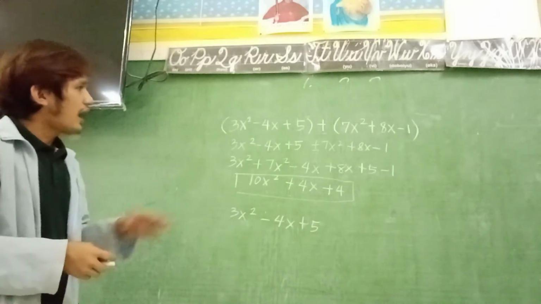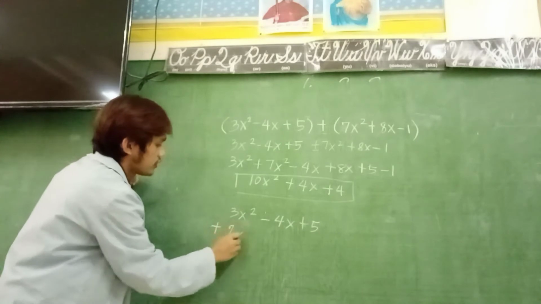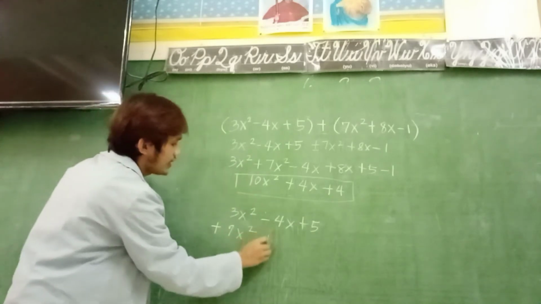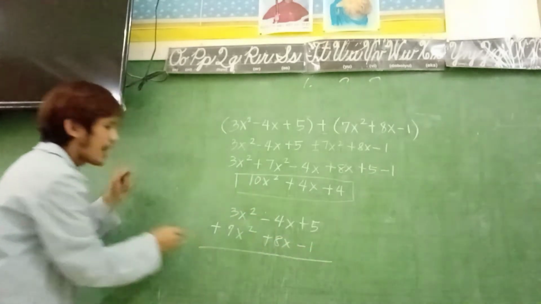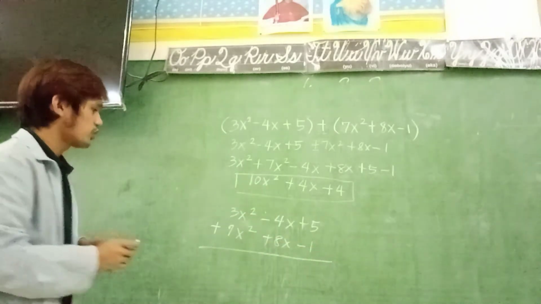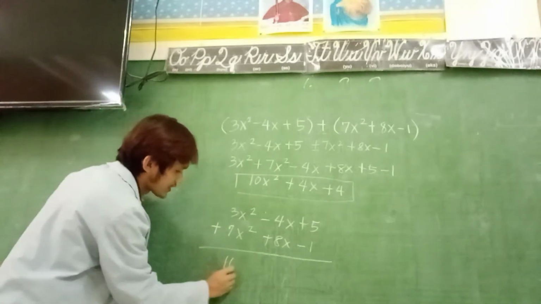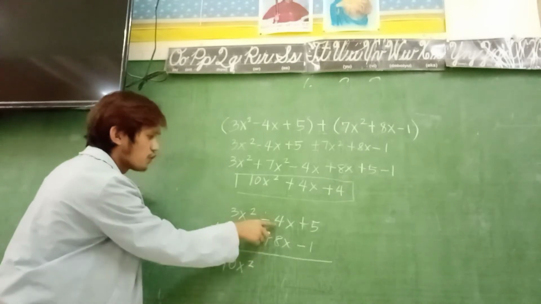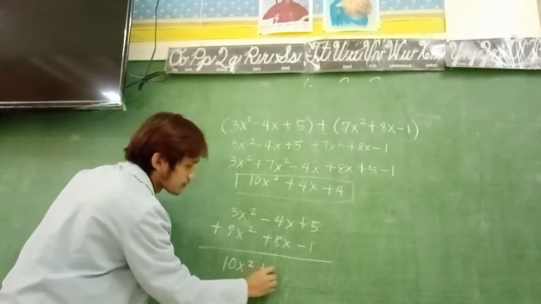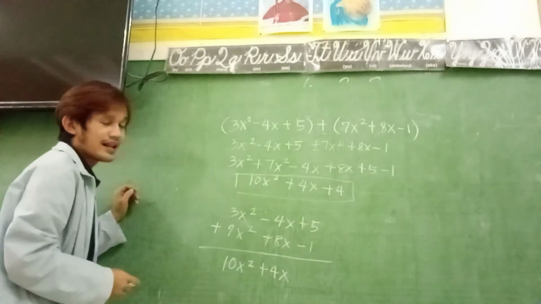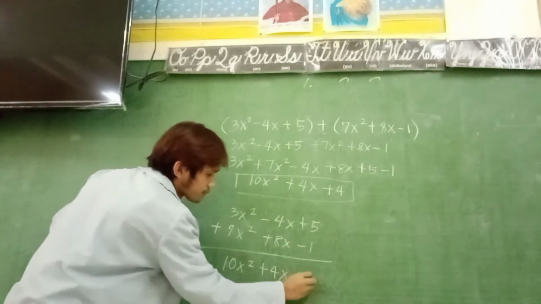So now, ang i-add natin sa kanya is si 7x squared plus 8x minus 1. So adding them together, 3x squared plus 7x squared is 10x squared. 4x plus 8x is positive 4x. And lastly, 5 plus negative 1 is positive 4.